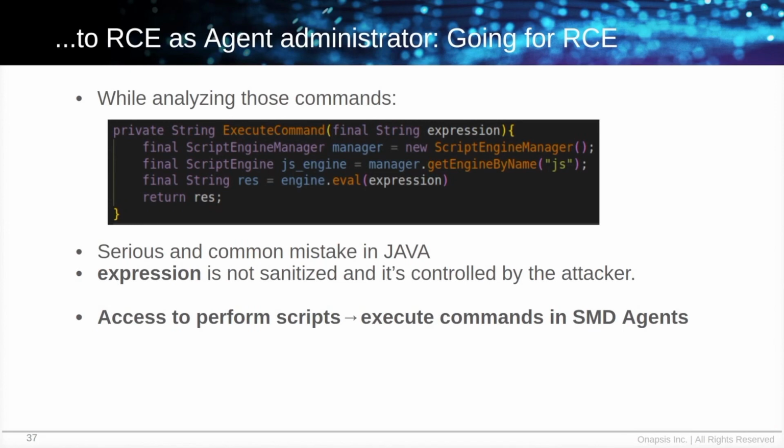This command was allowing you to evaluate any JavaScript code that you want. We believe that something like what is shown in the slide is happening behind the application. There is a really common mistake in Java applications: importing a script engine for JavaScript and then passing it the string, let's say, that we want to evaluate, which is basically JavaScript code.